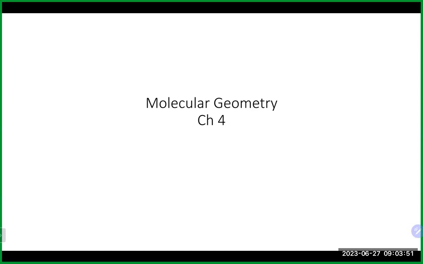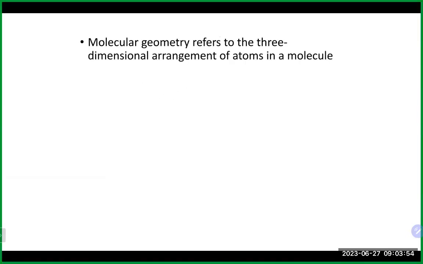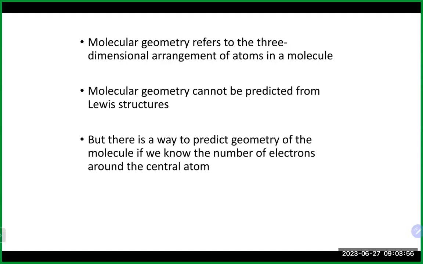So let's talk a little bit about molecular geometry first. So molecular geometry does sort of refer to the 3 dimensions of the atoms in a particular molecule. We can use really our Lewis structures, and more so not necessarily just the structure themselves, but really how many bonding electrons, non-bonding electrons are present to help us determine what the geometry of that particular molecule is.